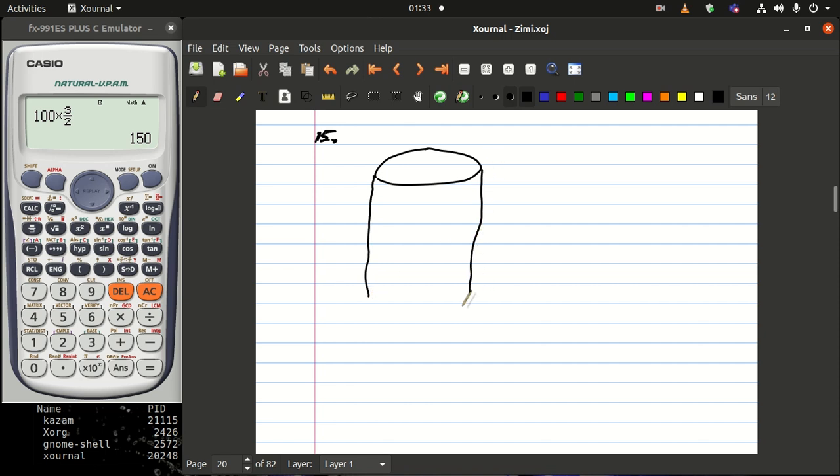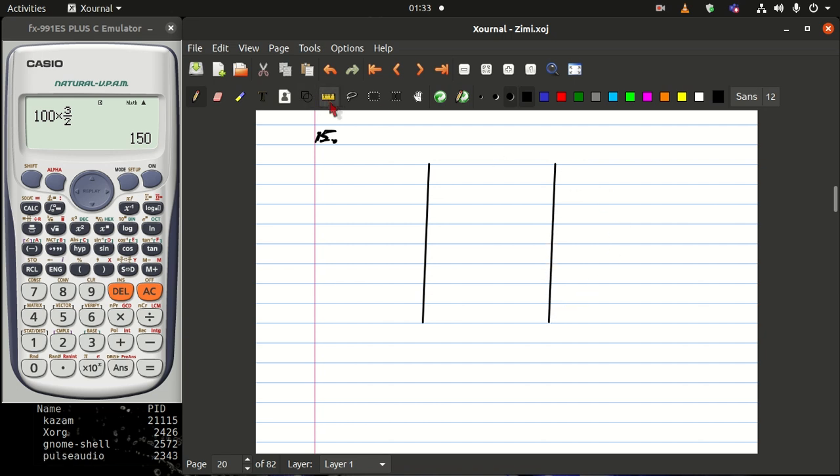Okay, I'm going to just undo this, use this instead. A cylindrical container usually looks something like this. This is not that bad now. And then after that, it's supposed to look something like this.